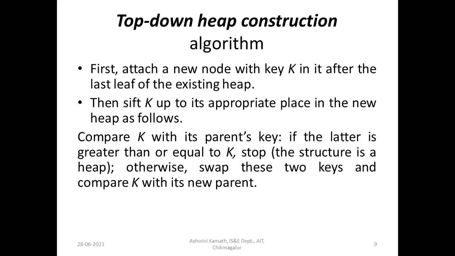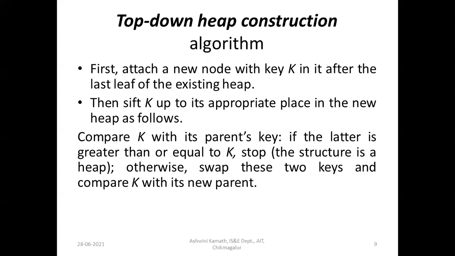If the latter is greater, that is, the parent's key is greater or equal to k, then we stop. The latter means the parent key, and k means its child key. If the parent node is greater, then stop. The structure we already have is a heap, so you need not change anything.